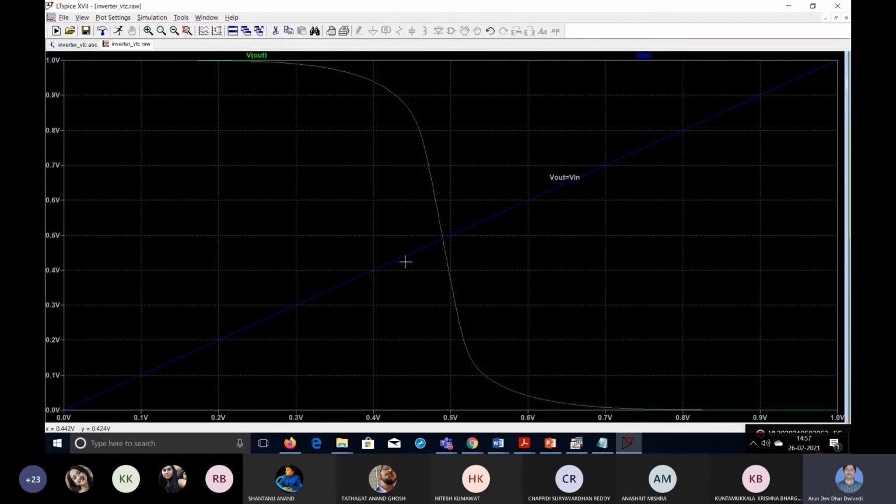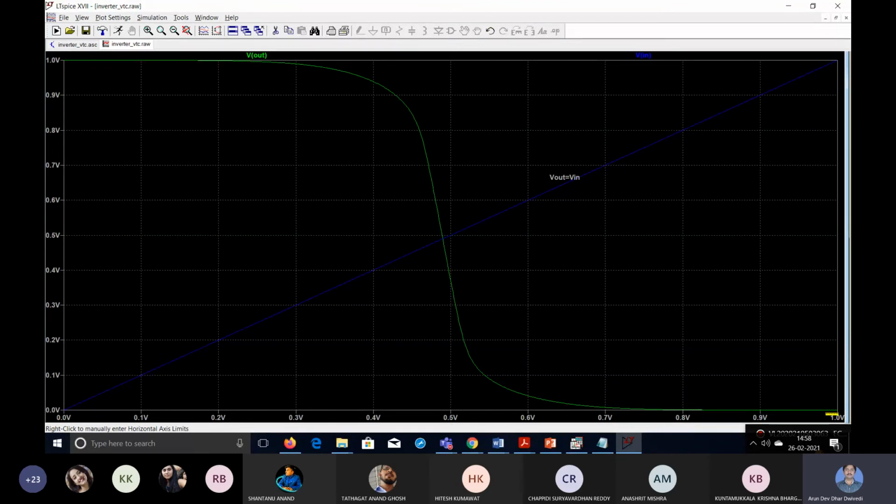So between VIL and VIH it is useful for amplification, but for digital application, the high state is between 0 and VIL for the input, and the output is then the opposite. Between 0 and VIL it is inverting the input: 0 to VIL is considered as logic low input, and from VIH up to VDD it is considered logic high.